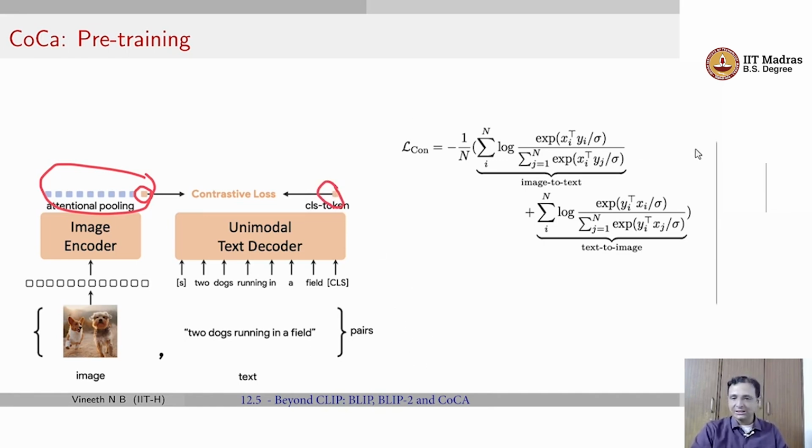The contrastive loss is given by both the image to text components and the text to image components. So xi and yi are the corresponding outputs of the language and the text component. So they compare the positive ones where they want to increase the similarity and the negative ones where they want to decrease the similarity using the standard softmax kind of contrastive loss.